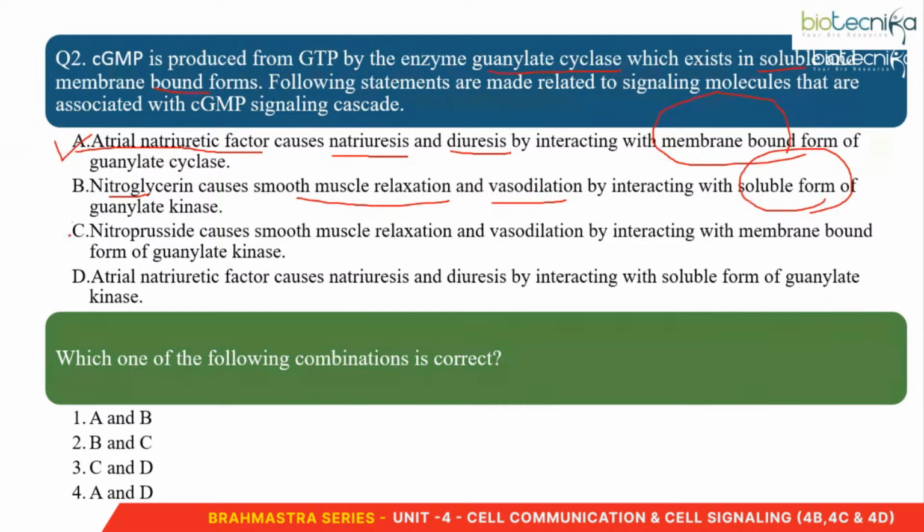Now, A and D are opposite to each other. Here they have mentioned membrane bound, here they have mentioned soluble form. So, obviously, one of them has to be correct. Next, the third statement is nitroprusside causes smooth muscle relaxation and vasodilation by interacting with the membrane bound form of guanylate kinase. So now you need to identify the correct combination of statements here.